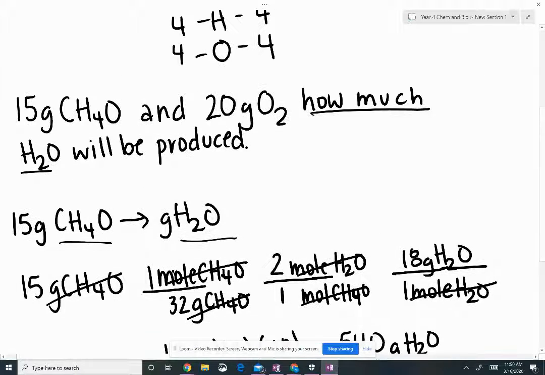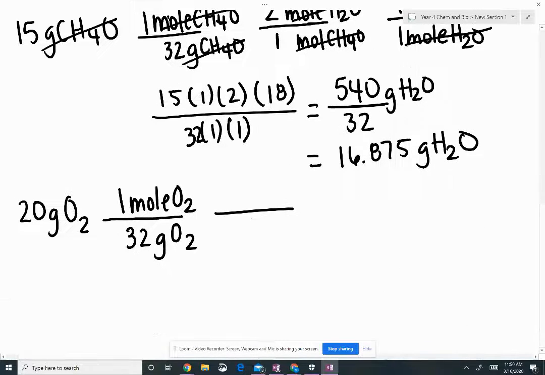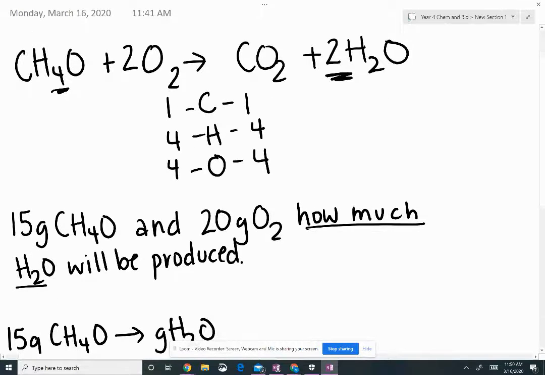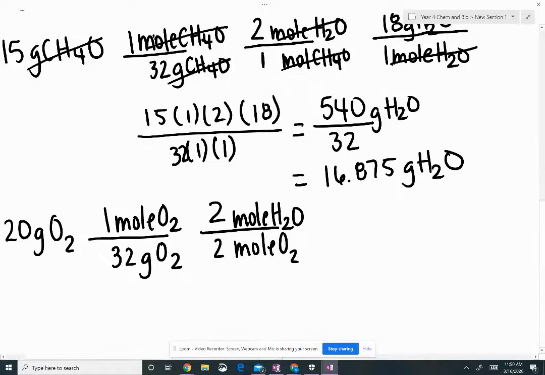So I should have moles of O2 here, and I should have a mole of H2O here. I know that I have a 2 in front of my H2O, and I'm going to look back up and see I have a 2 in front of my O2. So I'm going to put those things there.